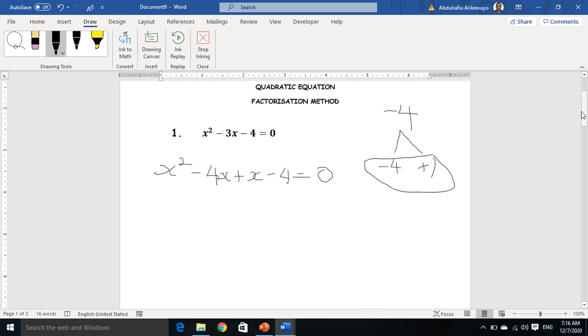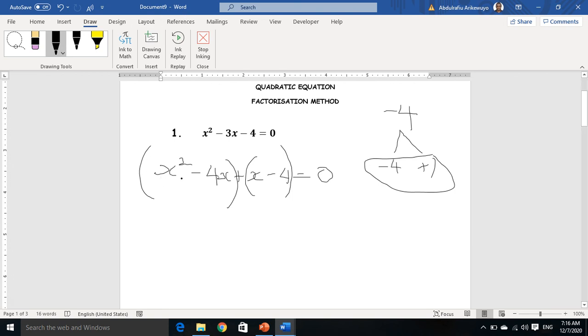Now what I do next is to group. I will do grouping, as you shall see now. Can you see? Good. Then I will factorize. I look into the first bracket. What is common to the two terms that I can factorize?